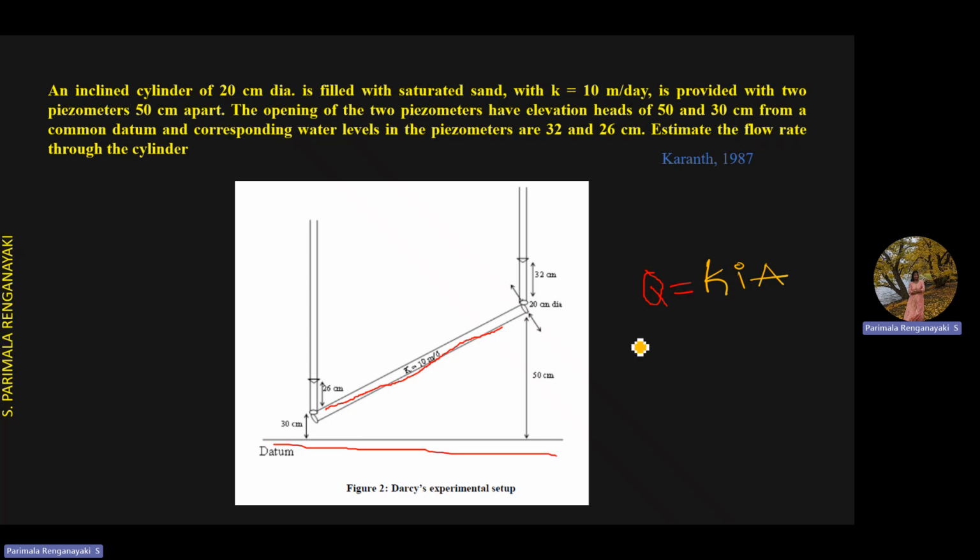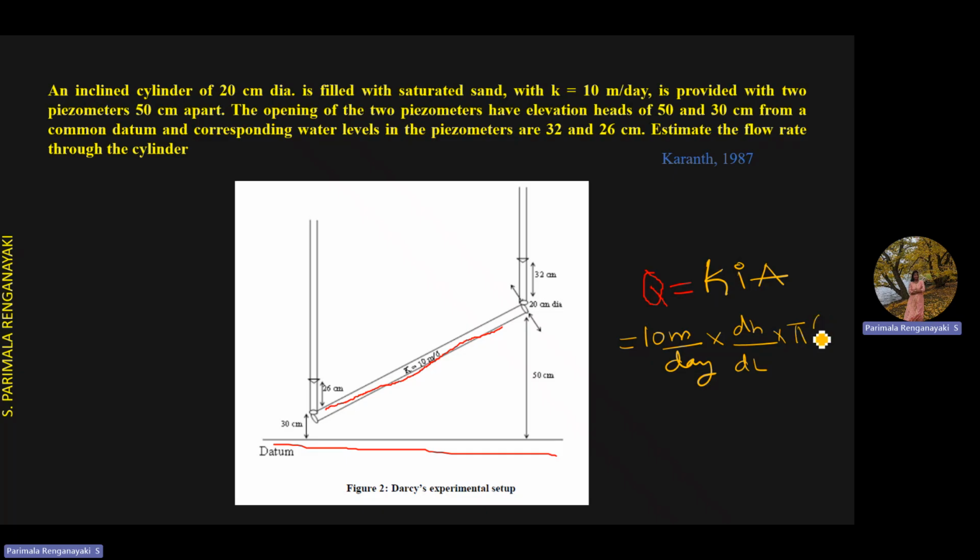Now what is our K, filled with the saturated sand? K is given directly, 10 meter per day. I is nothing but dH by dL, and A is pi r squared.